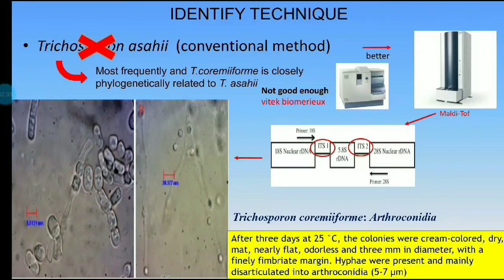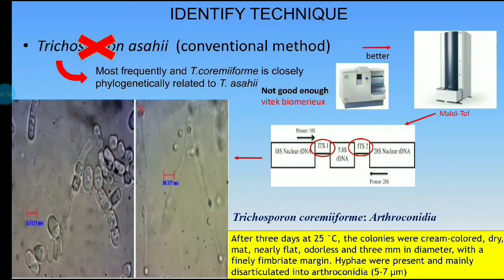They used a conventional method, the Vitek phenotypic method, as I told you. This was erroneously identified as Trichosporon asahii by the hospital lab. When the strain was tested by a reference institute, they used the MALDI-TOF technique and identified Trichosporon coremiiforme.